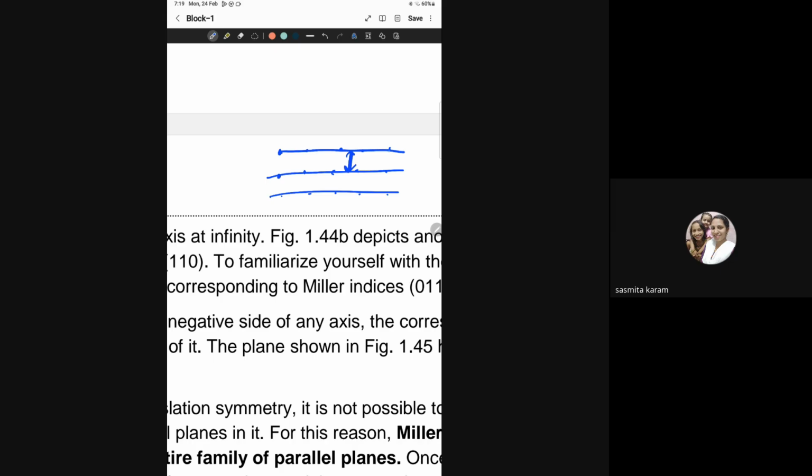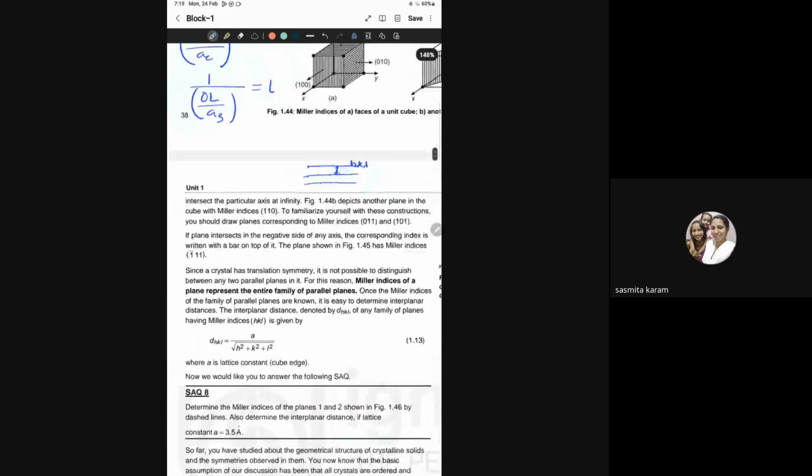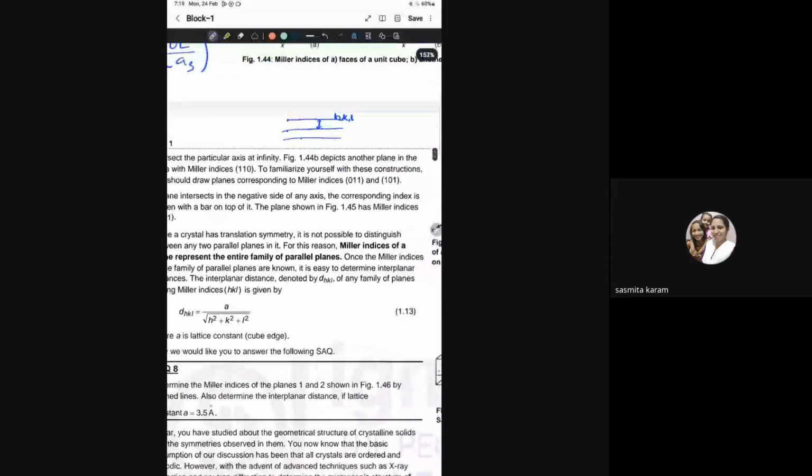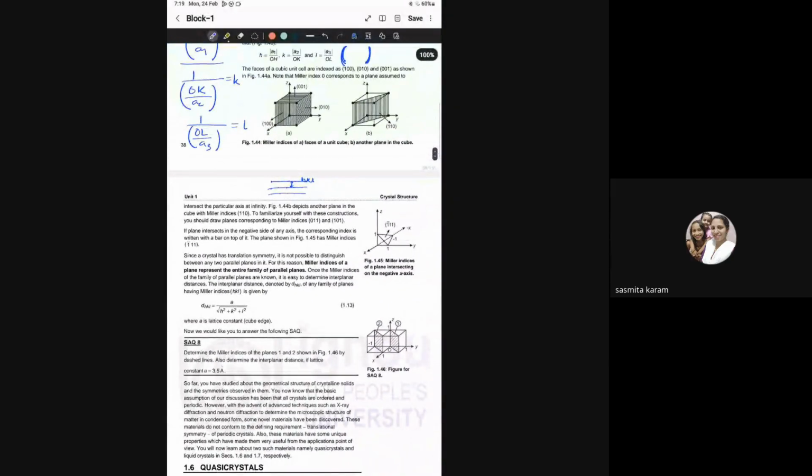If this plane has Miller index H, K, and L, then the interplanar distance, denoted by d_HKL, is given by d_HKL equal to a divided by the square root of h square plus k square plus l square.